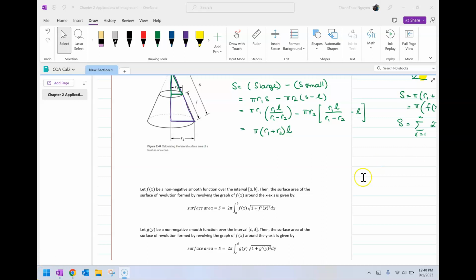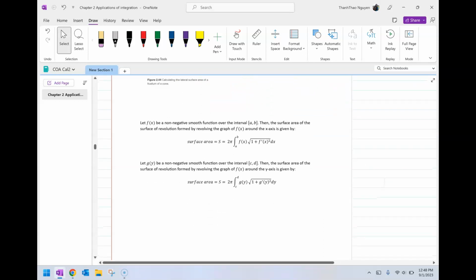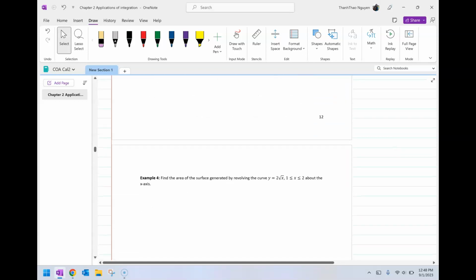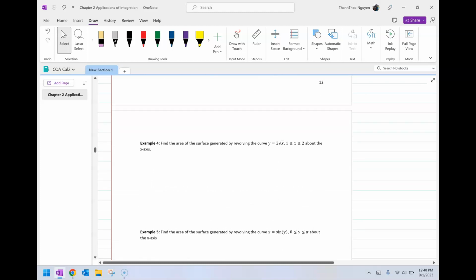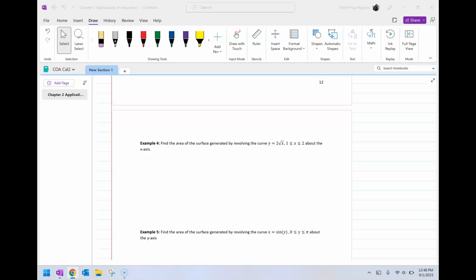The formula doesn't change even if we decide to integrate with respect to y. Okay, so let's take a look at our example. Find the area of the surface generated by revolving the curve y equals 2 square root of x, for x between 1 and 2, about the x-axis.